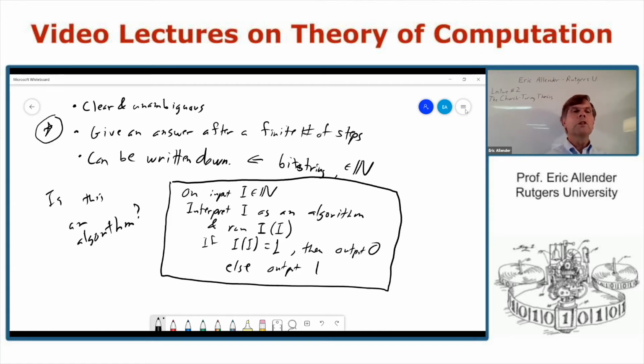So in other words, they threw out what seems like a pretty important idea that you'd want an algorithm to do, which is to give you an answer after a finite number of steps. And in fact, this is one reason why, in order to define what's decidable, we're really stuck using formalisms that give us infinite loops.